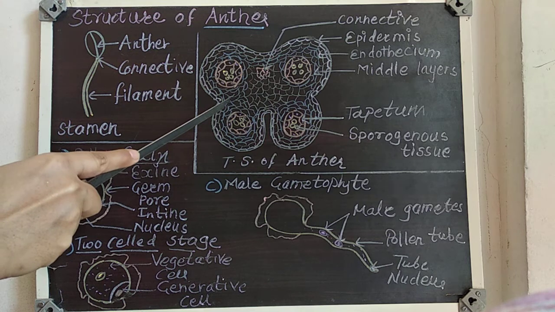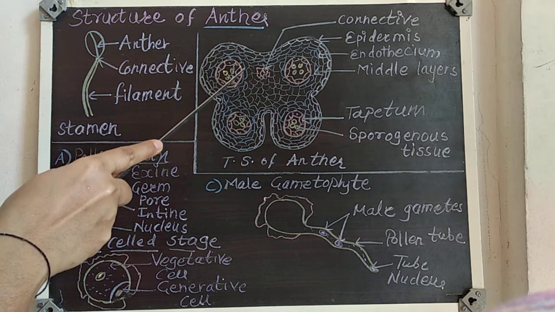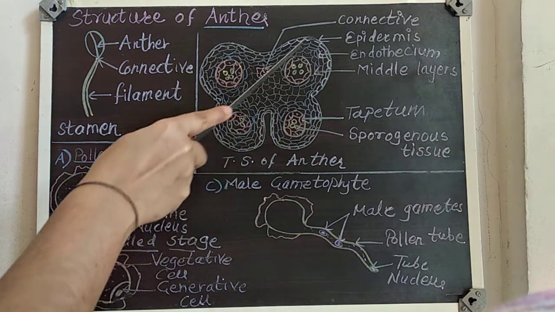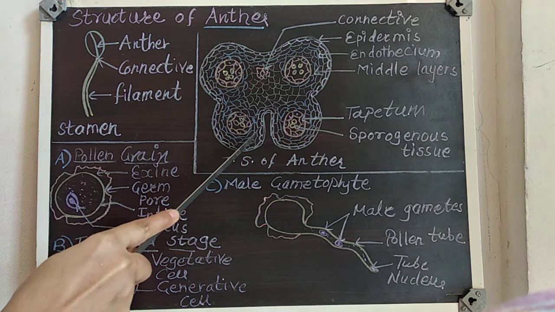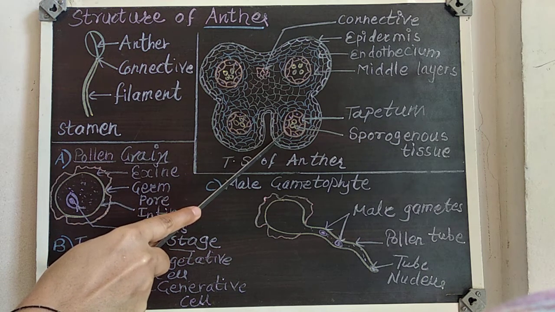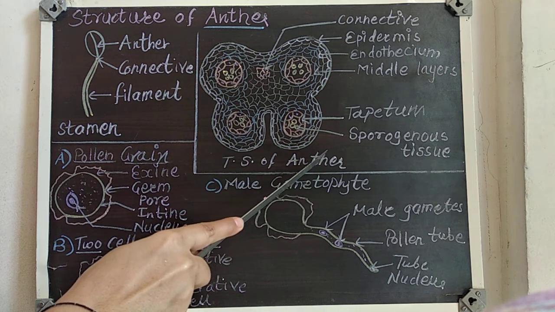When it undergoes development, the sporogenous tissue forms the microspore tetrad, and the primary parietal cell develops into the four different layers, forms anther wall. Here you can see the TS of tetrasporangiate anther.